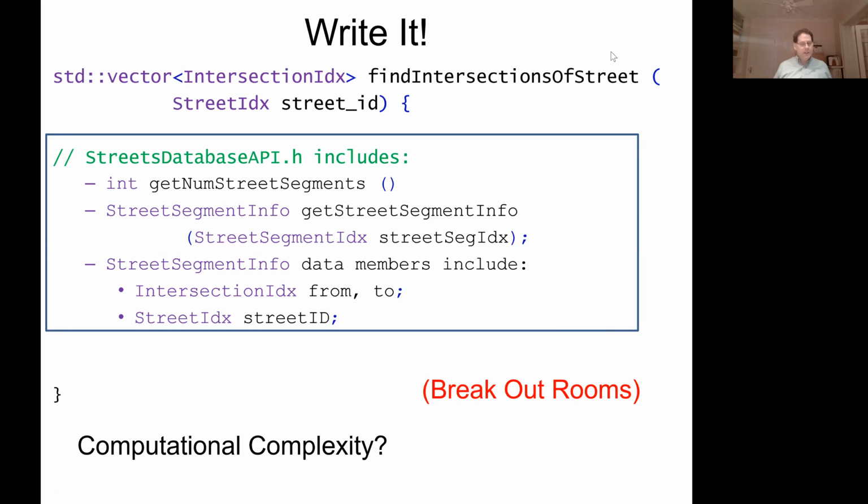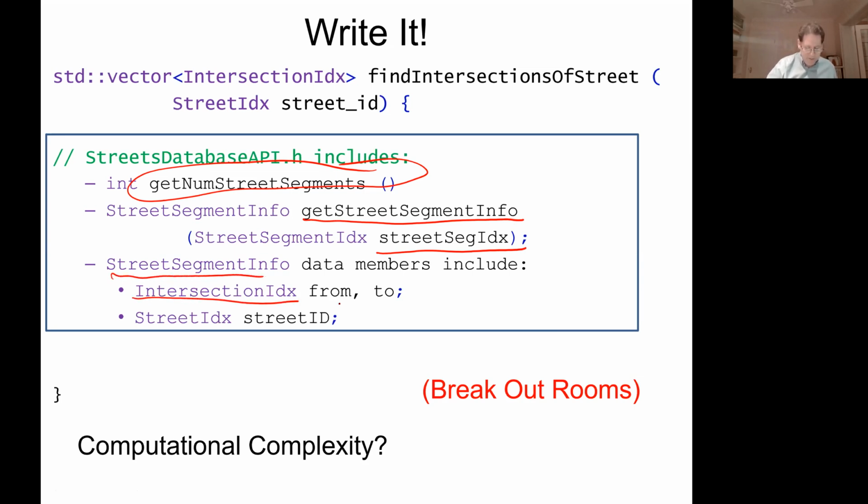So what ones are you going to need? Well, there's a call to get the number of street segments. Okay, that could be useful. For any given street segment, so a certain street segment ID, you can ask for some info about it. What's in that info? In that info, you have the intersection index, two of them, from and to, and you have the street index.